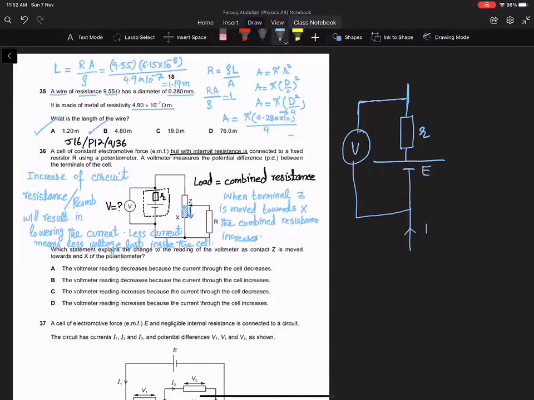Now the current through the cell will be coming from the negative terminal and leaving from the positive terminal because the cell is being used and not being charged. What would be the formula for V? V will be equal to E minus Ir. So the voltage generated minus voltage lost will be equal to the TPD or the voltmeter reading.